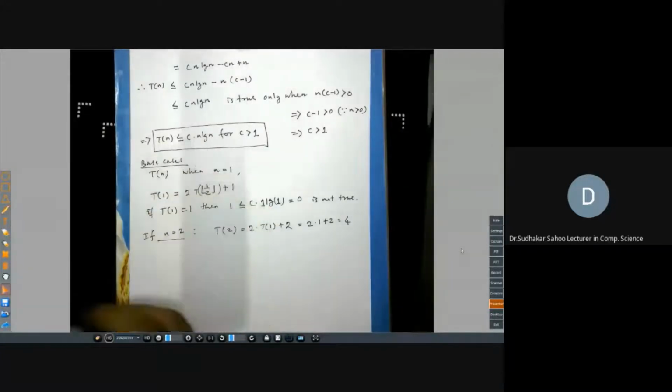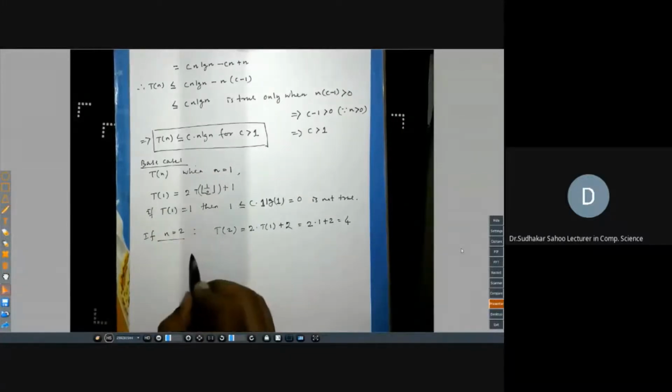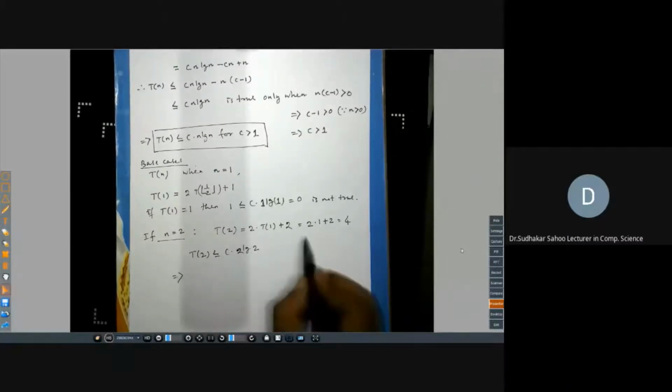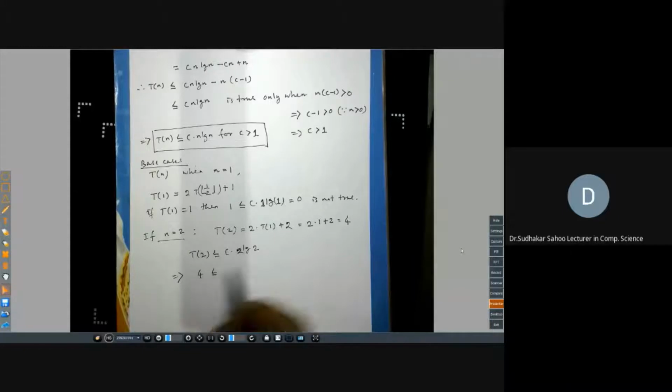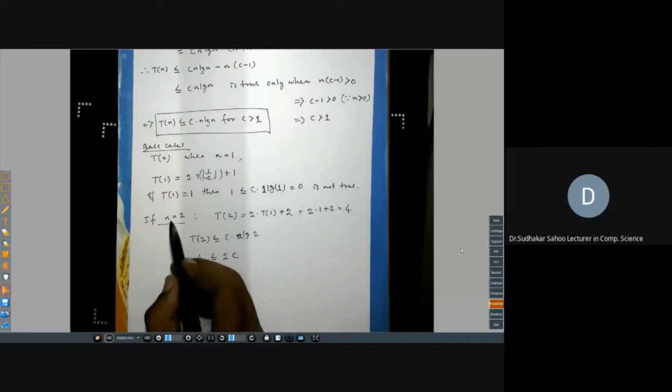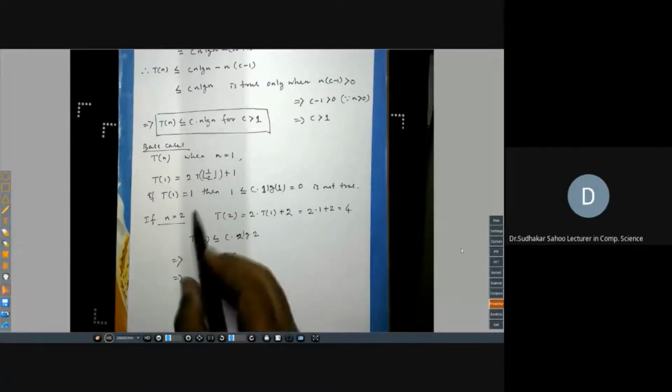Now let us check the solution. T of 2 less than or equal to C into n log n, which is C into 2 Lg2. So T of 2 is 4, less than or equal to Lg2 is 1, so C into 2, or twice C. So this implies C is greater than or equal to 2. So we got a C. This is valid for n equal to 2, so n equal to 2 is also valid.